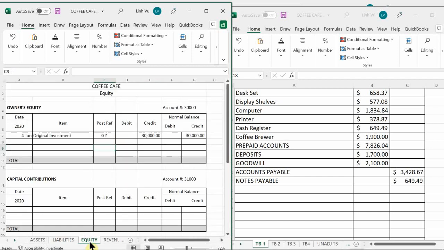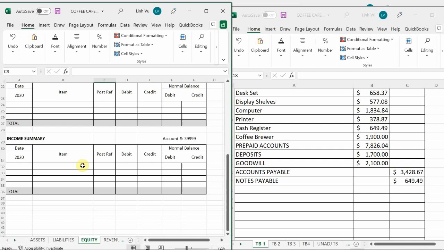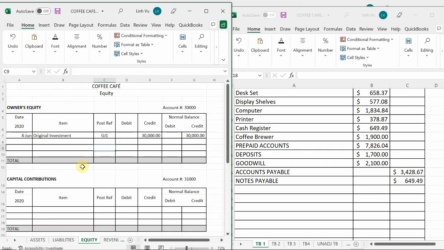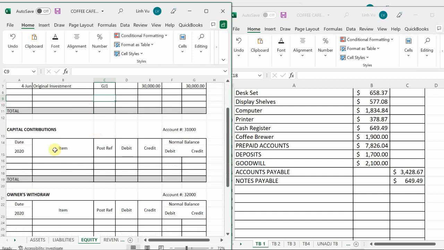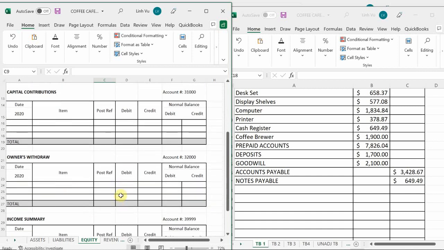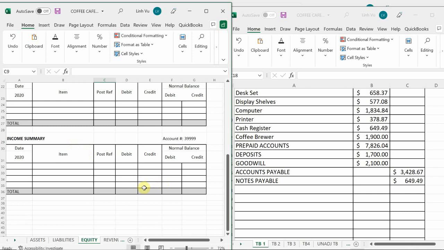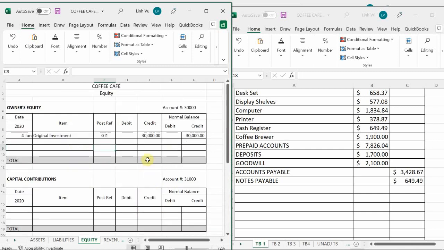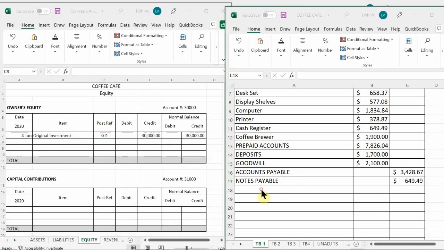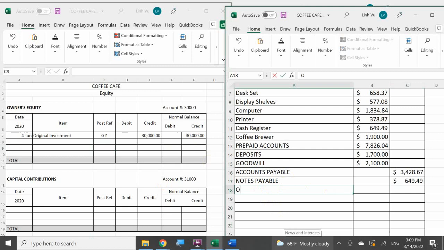Okay. So the next section we're going to do is equity. As you can see, we only have one equity account. We only have our original investment, so owner's equity. We haven't added any extra money or taken money away, and we haven't even closed out our accounting period yet. So in this case, one account and one account only for the owner's equity.